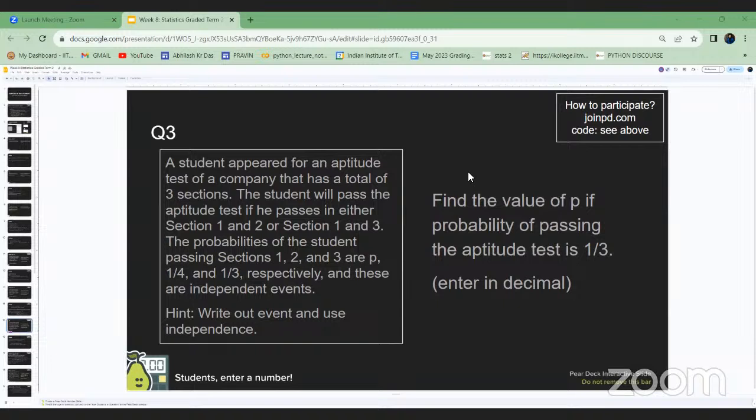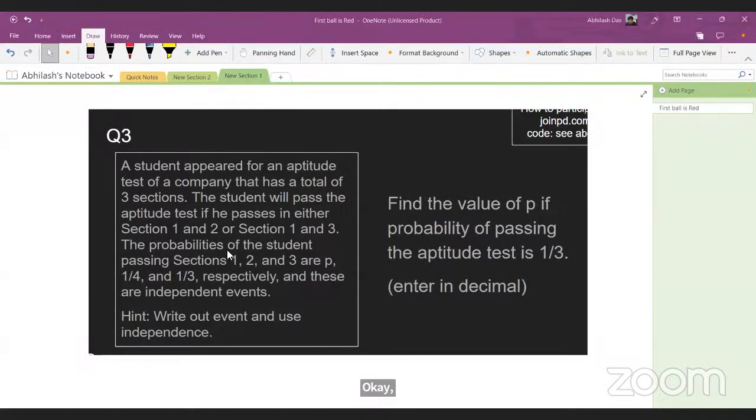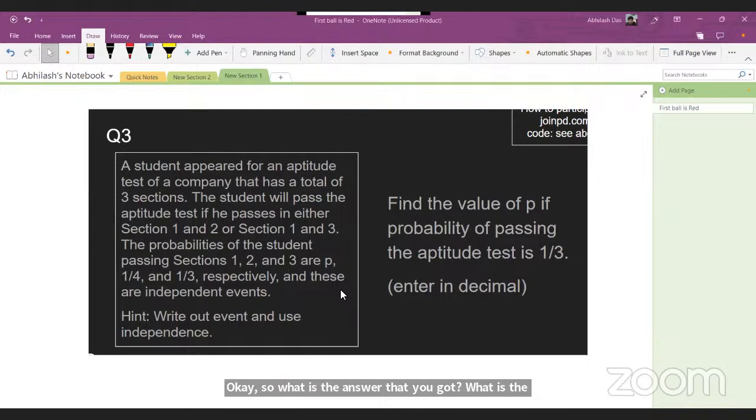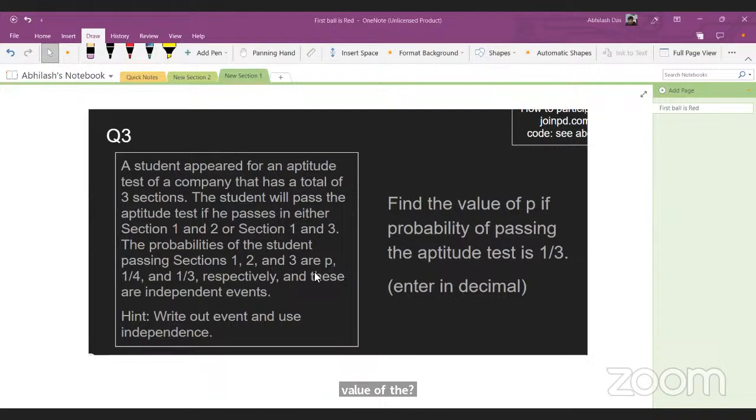Sir, discuss the question. Okay, sure, we can do that. So what is the answer that you got? What is the value of P? Anyone? 0.571.